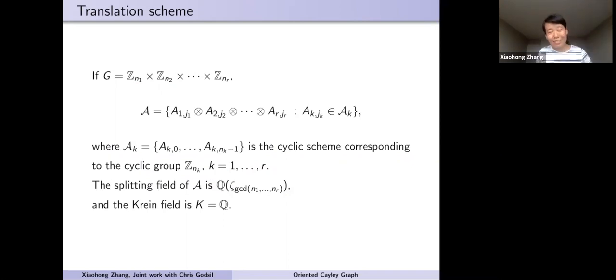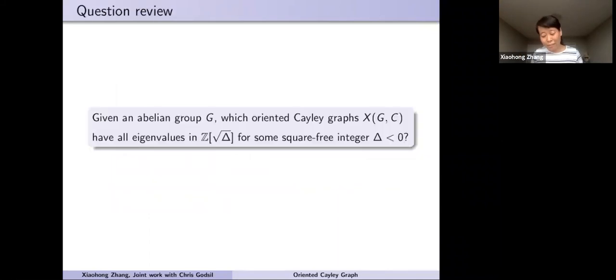Now our question is easy to state: which oriented Cayley graph of an abelian group has all its eigenvalues of this special form? We introduced the association scheme to solve this problem.